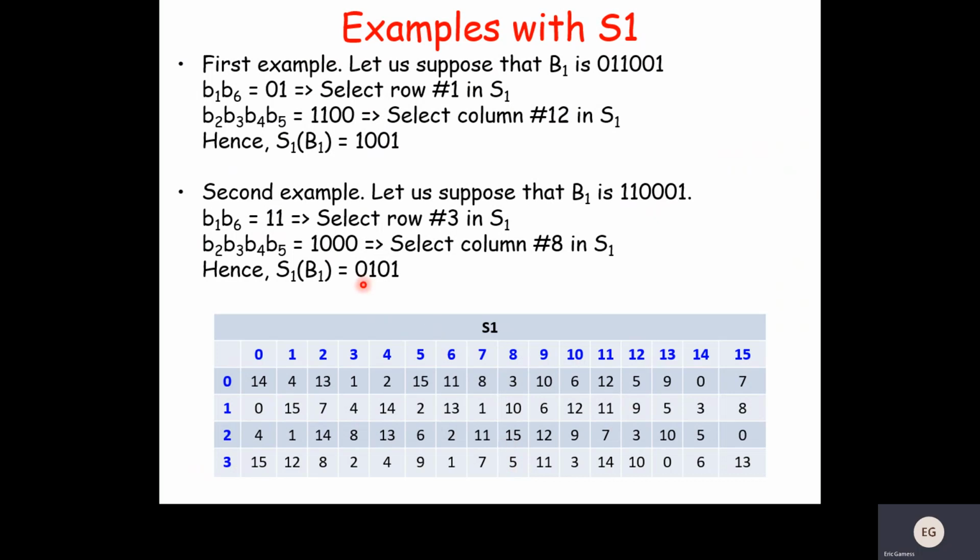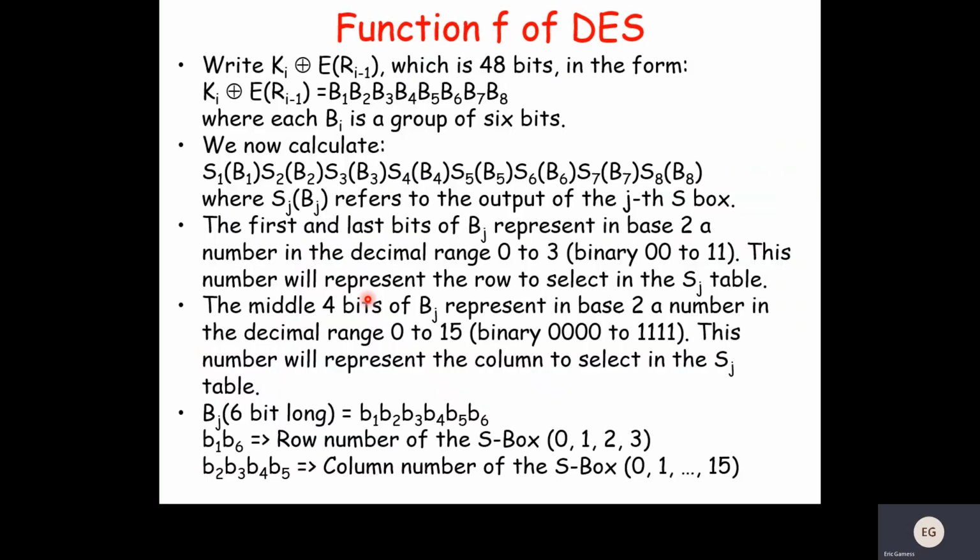And 5 in binary over 4 bits is 0, 1, 0, 1, which means that this 6 bit block will be replaced by these 4 bits. So let me go back. Now you should have understood: B1 is 6 bits, and I apply S1, I get 4 bits. B2 is 6 bits, I apply S2, I get 4 bits.